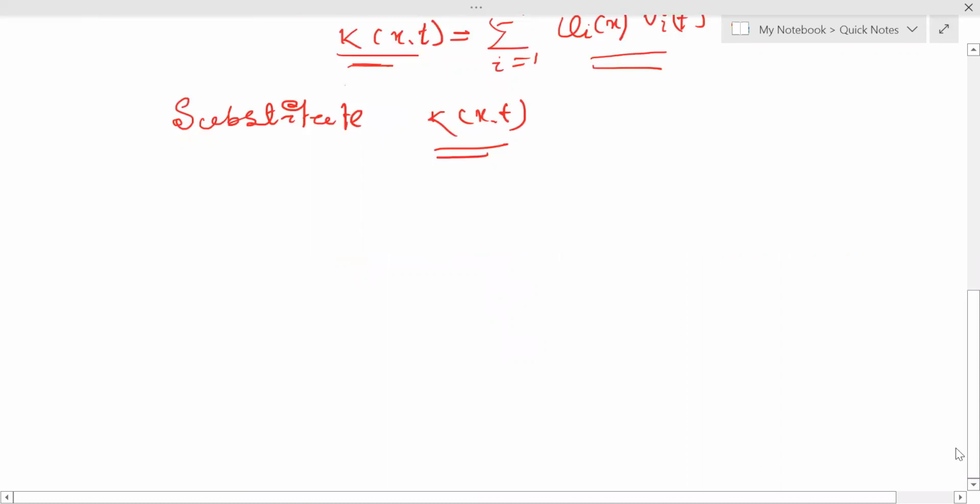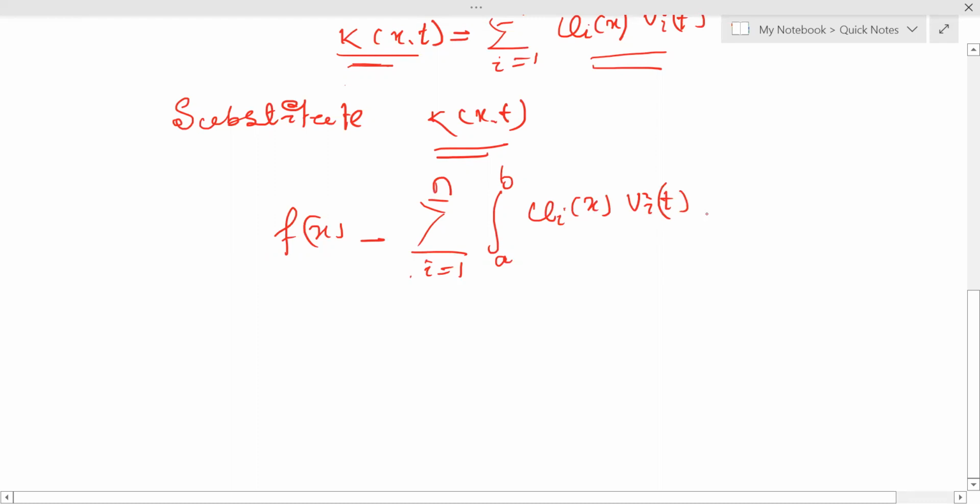So what value will come here? f of x minus the summation, taken outside, i equal to 1 to n, integration of a to b of u_i(x) v_i(t) f(t) dt is equal to phi of x.